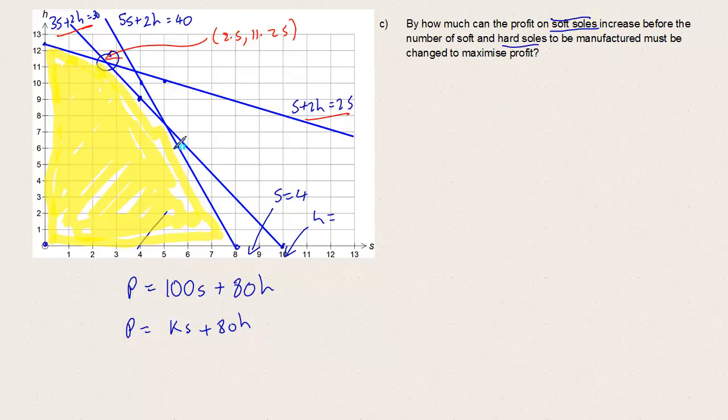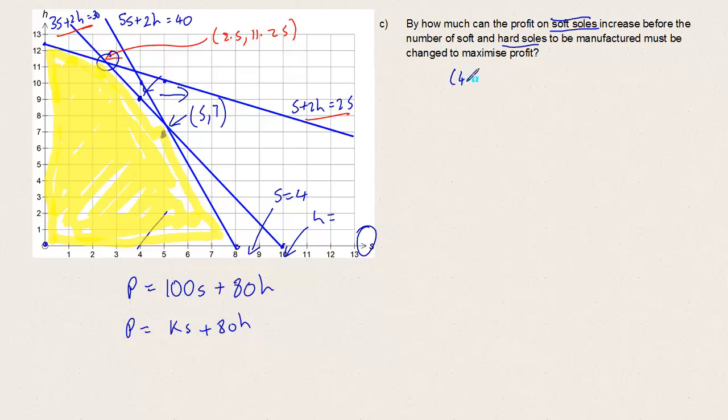So what we need to do is look at the vertex that we used that's in this direction, because we're going to be increasing the profit on S. So there was a point that we used earlier, 5, 7, which is going to be the nearest one to the 4, 9 we're currently using, but that's the nearest one in the direction where we increase S. So this is the point that we want to test. When is this one going to change over to this one?